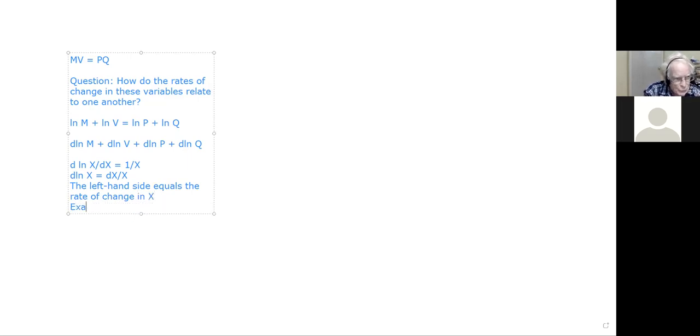So, for example, if x changes by 2 units over time, and the original value of x is 10, then the rate of change in x is 2 over 10, or 20%.